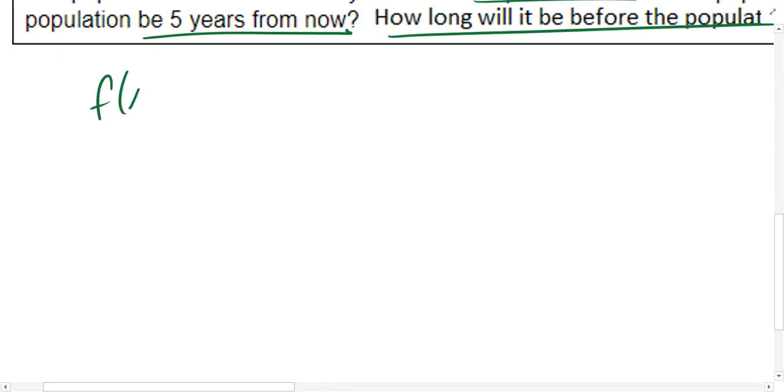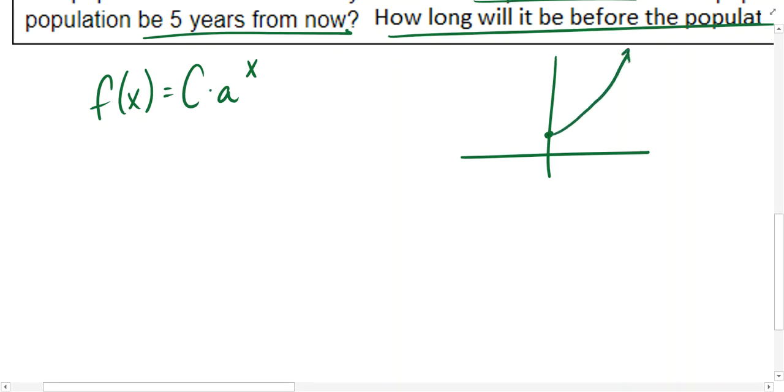If we use the format that I'm more comfortable with, we would start the problem like this. Now recall that a population starts at some beginning value and then it increases towards infinity, but if we look leftward on this graph, it's tending towards 0. Doesn't mean anything for us in the word problem, but the graph tends towards 0.